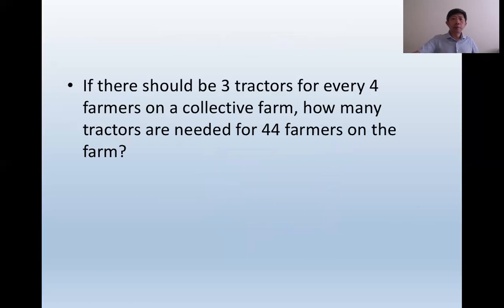Now here is a problem, what problem can we do? Now we can use the proportion to solve a word problem like this. If there should be 3 tractors for every 4 farmers on a collective farm, how many tractors are needed for 44 farmers on the farm?